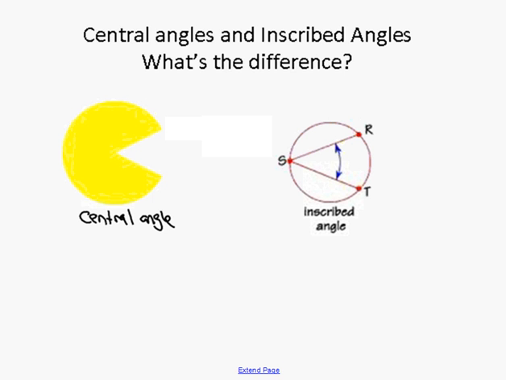Alright, so central angles and inscribed angles, what's the difference? So here's a central angle, and we just saw one from the warm-up. In a central angle, the vertex of the angle is at the center of the circle.